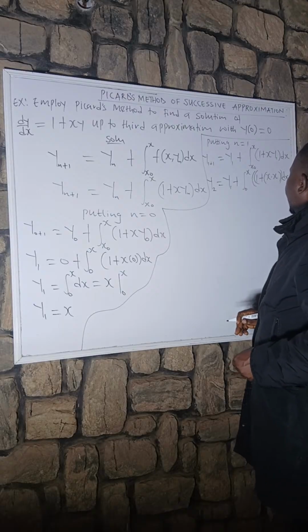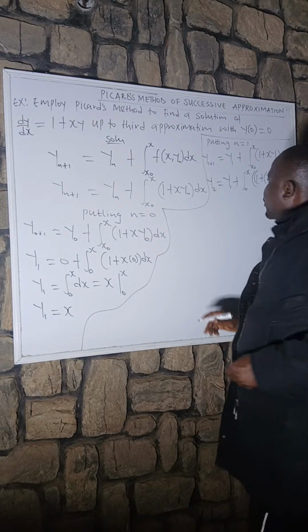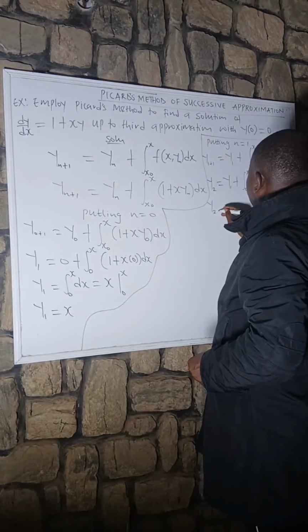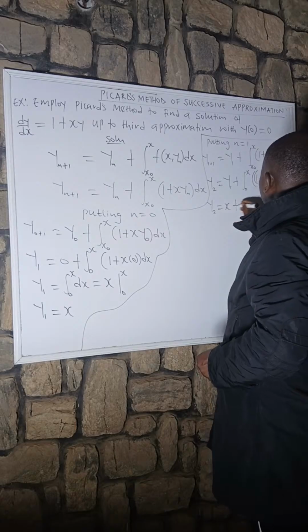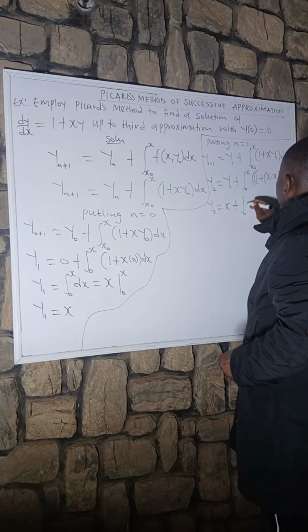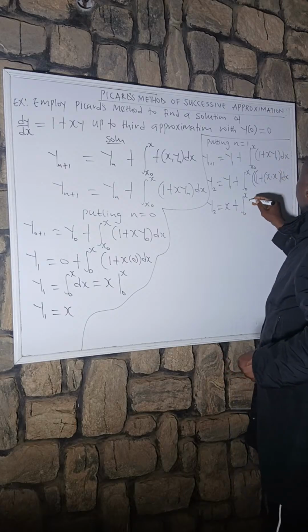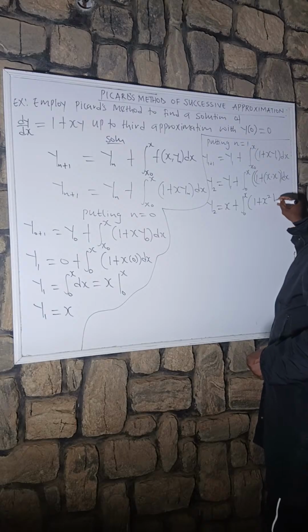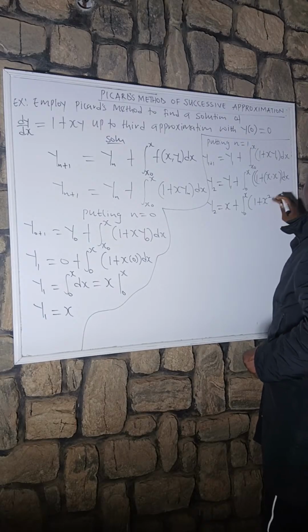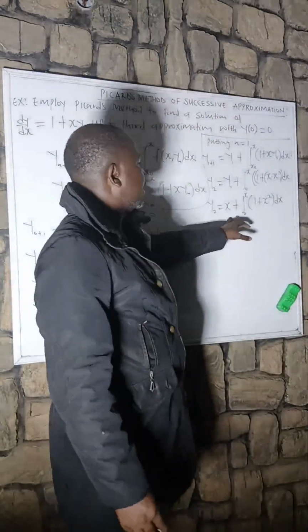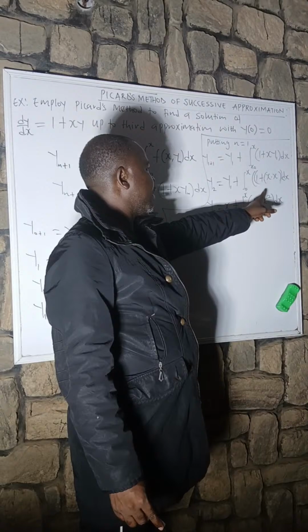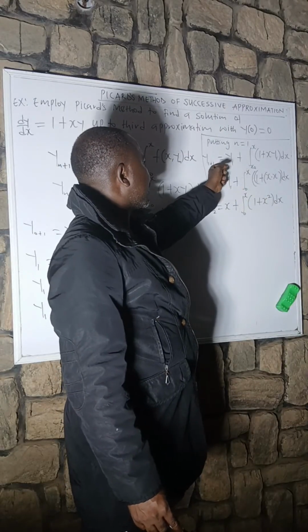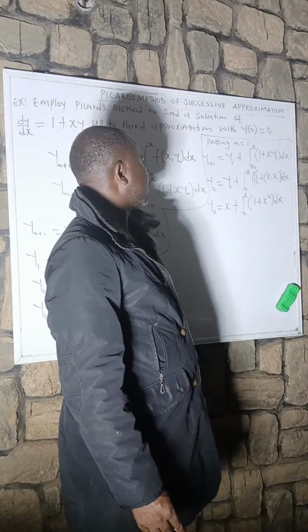So our y subscript 2 is equal to x plus the integral from 0 to x of open bracket 1 plus x squared close bracket dx. Do you agree with me? This is how you are going to evaluate the first iteration.